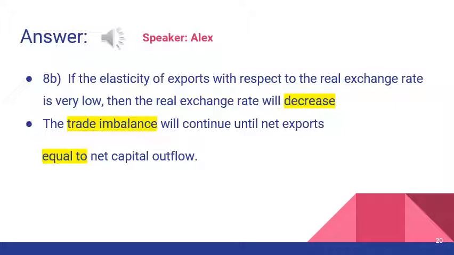So more foreign residents may want to buy our country's goods and services. So it will make the trade imbalanced. The situation will continue until net exports balance with net capital outflow to make a trade balance.